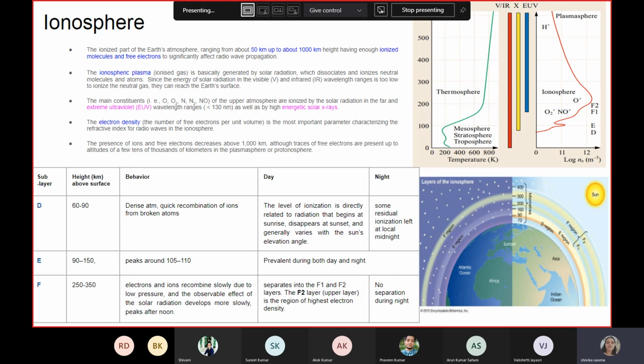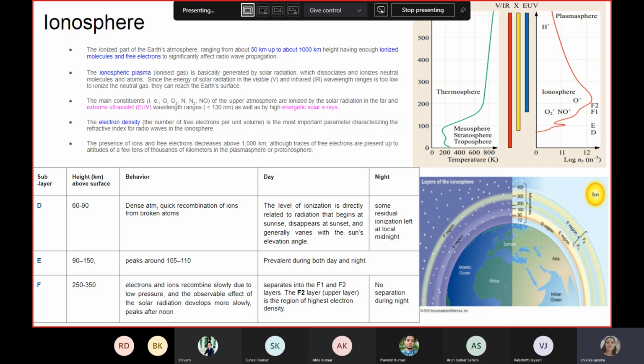The F region is at a height of 250 to 350 kilometers above the surface. Here electrons and ions recombine slowly due to low pressure. We are talking about the rarest layer of the atmosphere, since it is farthest away from the surface of the earth.